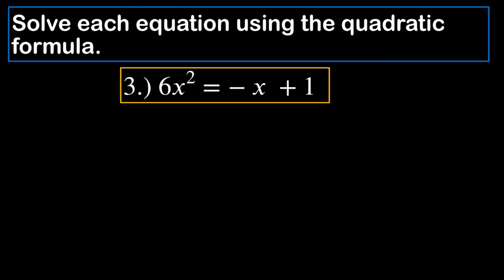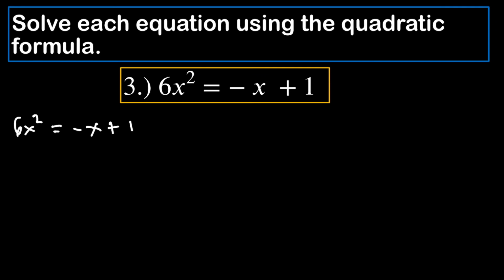Let's have the third example. We have 6x squared equals negative x plus 1. Again, the first thing that you need to do here is to transform this into the standard form. So let's copy the given: 6x squared equals negative x plus 1.